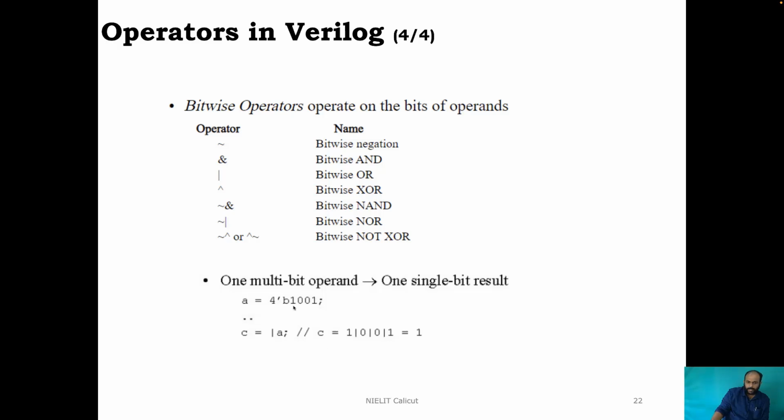What it does is it ORs the first bit with the next bit. 1 ORed with 0 is 1, and that 1 ORed with 0 is 1, and that 1 ORed with 1 is 1, and the final result will be 1. Originally A is a vector. If you perform a reduction operator on it, it reduces the vector into a single bit result. This A has been operated upon by bitwise OR to get a single 1.